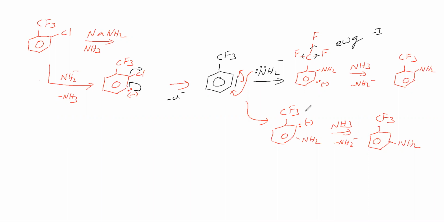The minus I effect is dominant at ortho, not at meta. Therefore this system has higher stability than that one: this negative charge is highly stabilized by the minus I group, while that one is less stabilized. Therefore this compound is the major product of the benzyne mechanism.